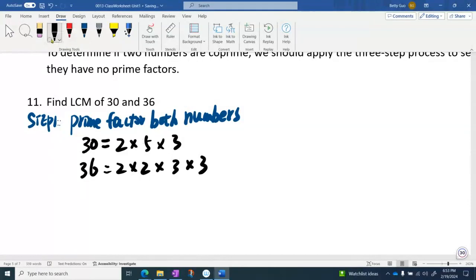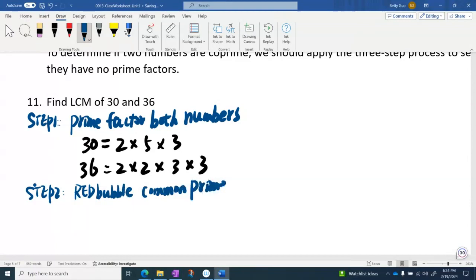The second step, same as earlier, I align the two prime factorizations vertically, like that. Second step, write a bubble around the common prime factors. You can choose your own color.